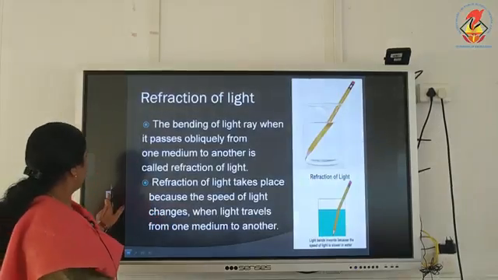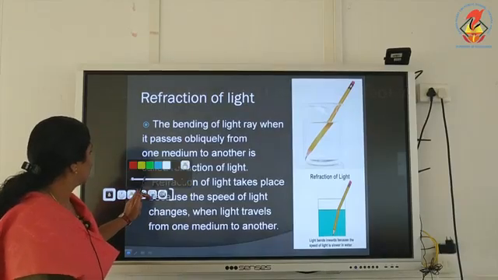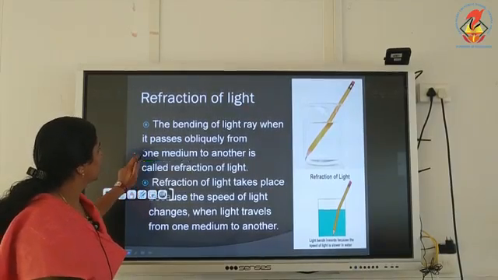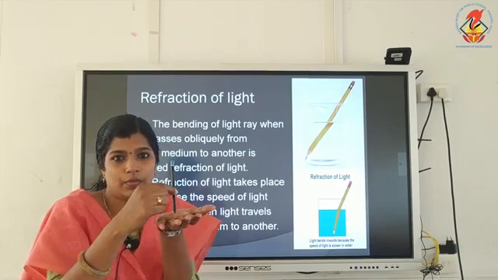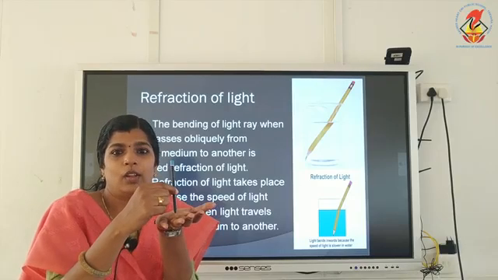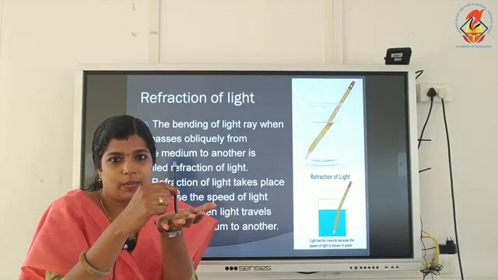The bending of light rays when they pass obliquely from one medium to another is called refraction of light. If light passes perpendicular, or normally, to a surface from one medium to another, refraction will not take place.